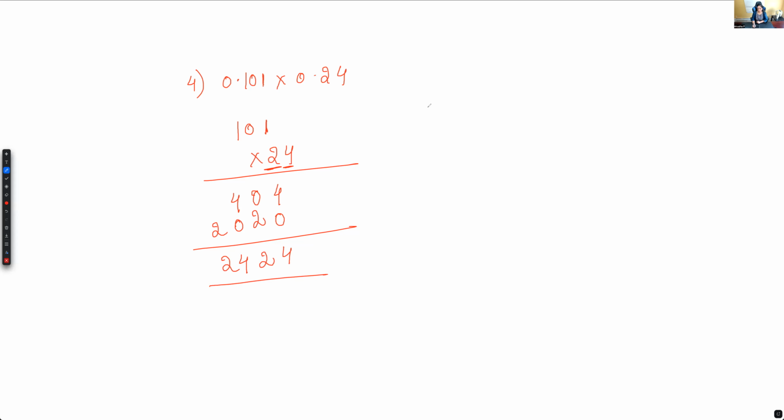Now we will think about the decimal points. In 0.101 and 0.24, we are counting decimal places. Decimal places is nothing but how many digits you have after the decimal point. Here, after the decimal point, you have 3 digits, so we write it as 3 decimal places.